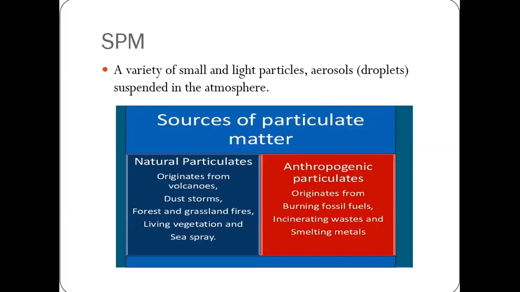Anthropogenic particulates originate from burning fossil fuel, such as in the extraction of oil and gas, or in coal power plants. Incinerating waste and smelting metals is also one form that contributes to the emission of suspended particulate matter in the atmosphere.